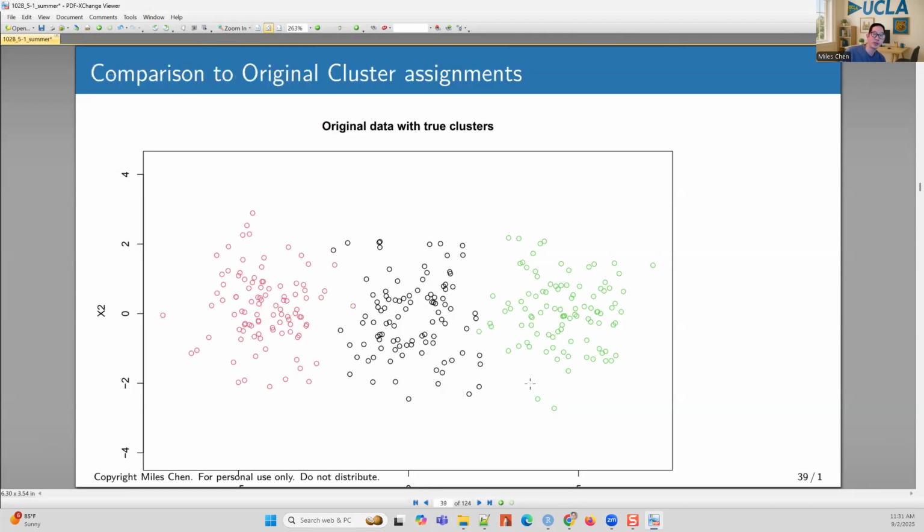We can kind of compare it to the original. All right, so this is normally something you can't do because you don't actually know the generating data, and they're coming in completely unlabeled. So in this case, we got pretty close. There are a couple things that are different, like this one and this one and this one.